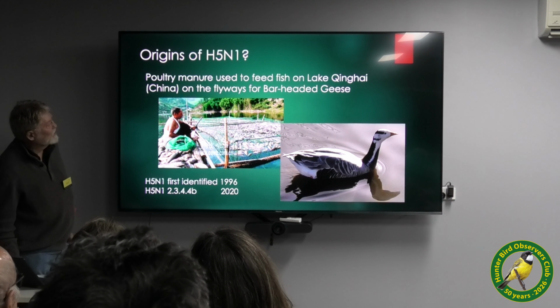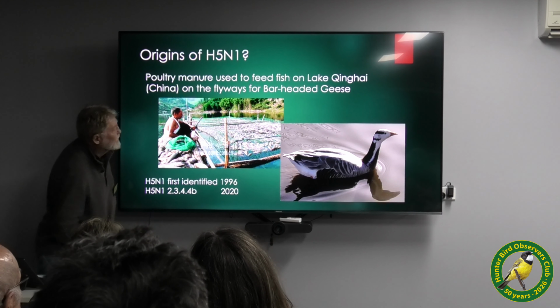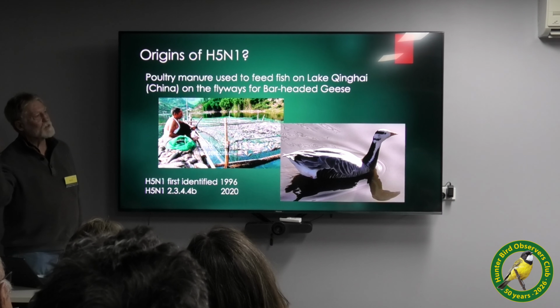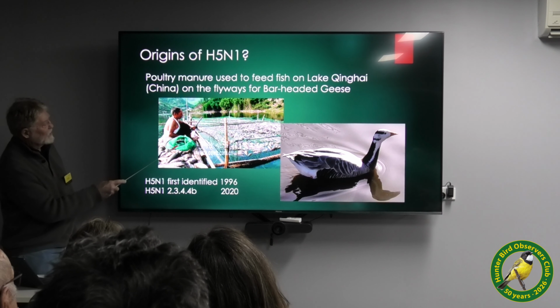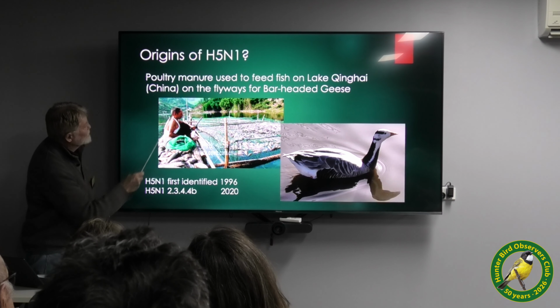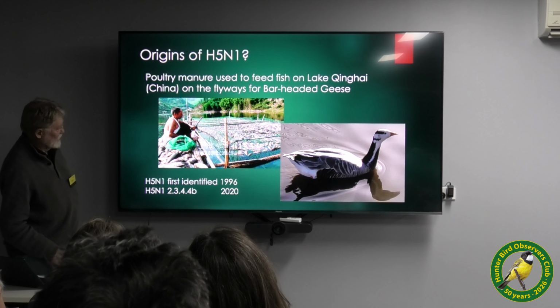Okay, origins. This is a favoured suggested origin, which is bar-headed geese flying from Siberia and west, coming through Qinghai Lake in China and picking up some infection from the poultry manure that's used for the fish industry, the agriculture industry.